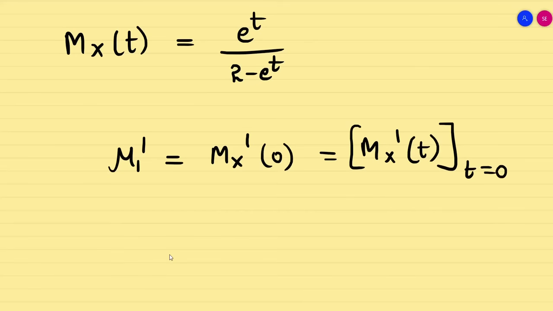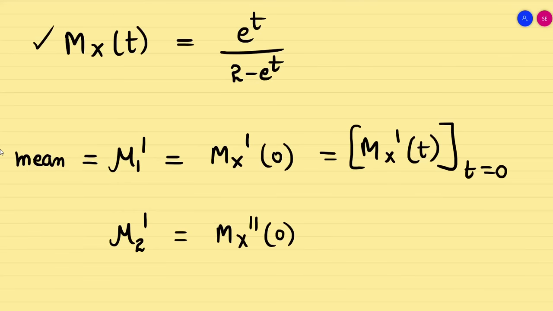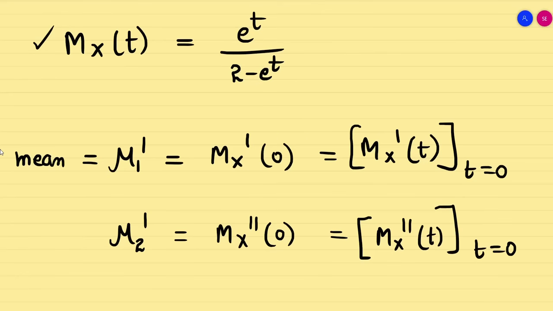So I want to find the first derivative of this. Then my mu2 dash. As I said, whenever nothing is given, it is considered as raw moment, and mu1 dash, the raw moment, is simply my mean, guys. And mu2 dash is Mx double dash of 0, that is the second derivative at t equal to 0.